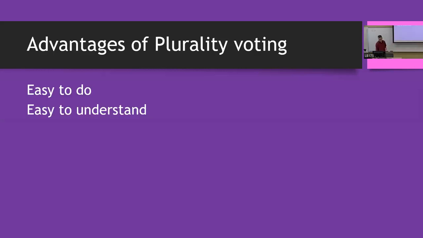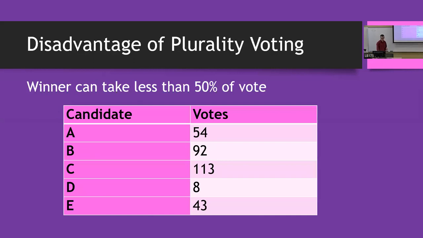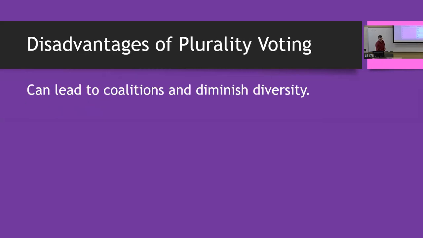But a disadvantage is that oftentimes when you have pairs of candidates with very similar takes, they often will form a coalition. And then you don't have as many people to choose from.